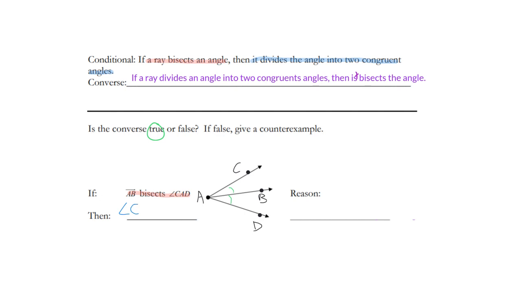Angle CAB is congruent to angle BAD. And the reason we are able to say that is the reason we just went over in the above conditional statement. If a ray bisects an angle, then it divides it into two congruent angles.